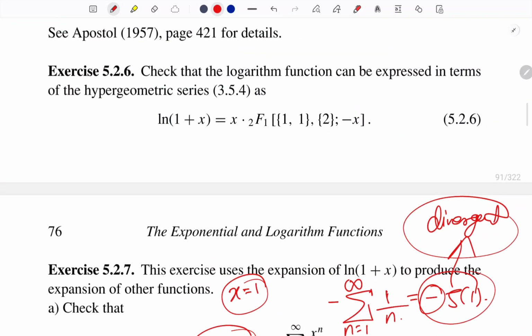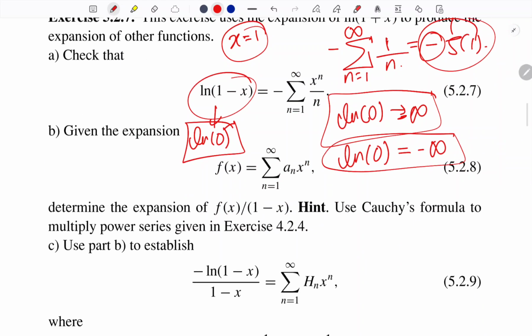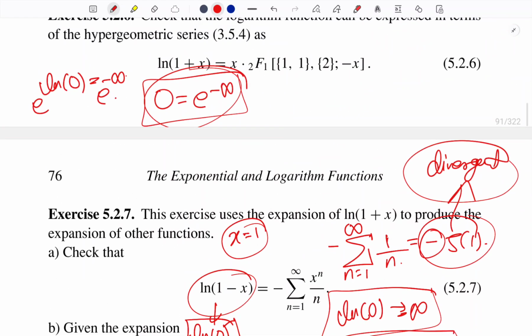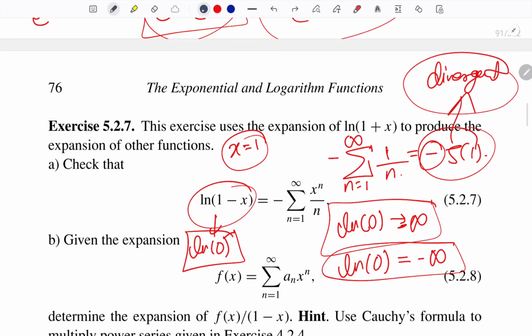And hence if ln of 0 is negative infinity, taking e on both sides, we have 0 equals e to the negative infinity. This is quite useful, I have used it a lot of times, so you need to remember it. What's e to the negative infinity, guys? It's 0. We can prove this by using this thing, right?